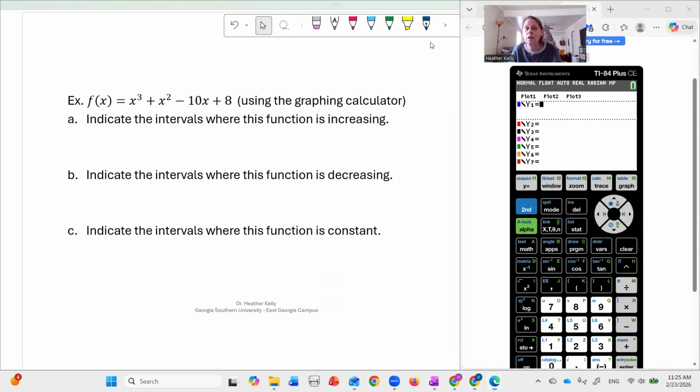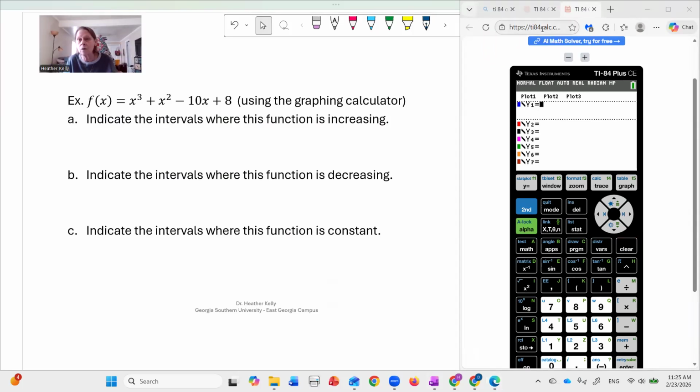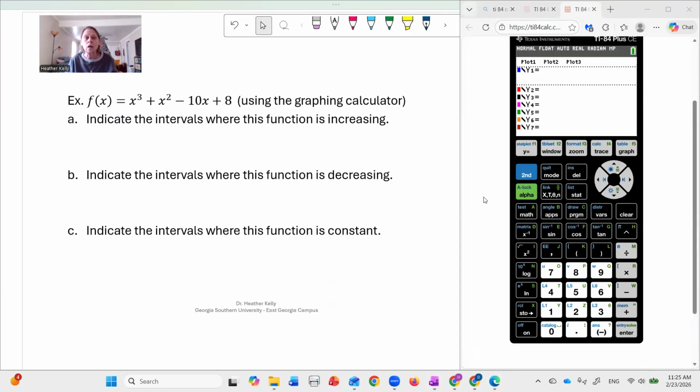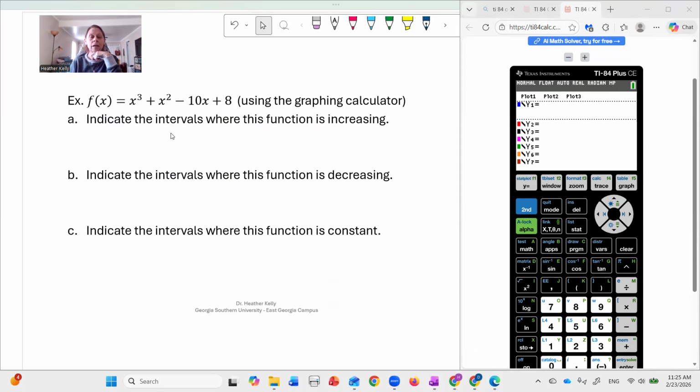It's the online one. There's the web page, right? Or there it is right there, TI-84calc.com. It works really, really good. It's just like having your handheld. And so let's take a look at this guy and let's graph it.